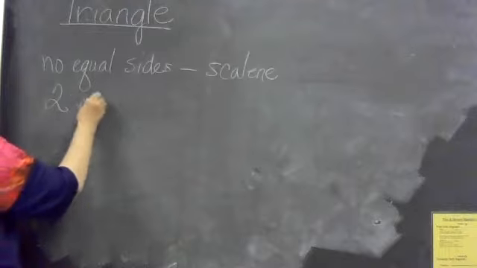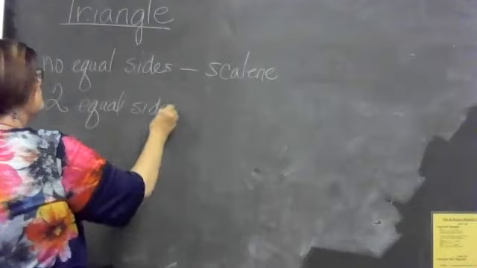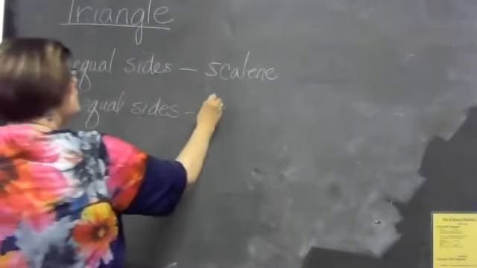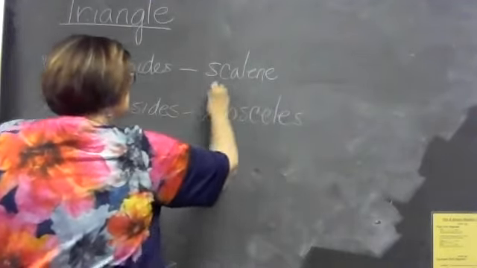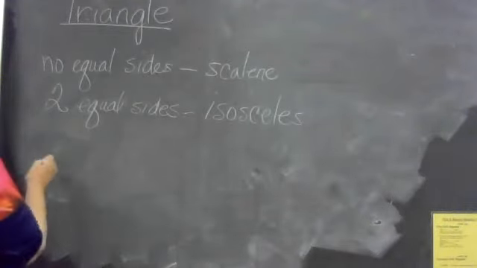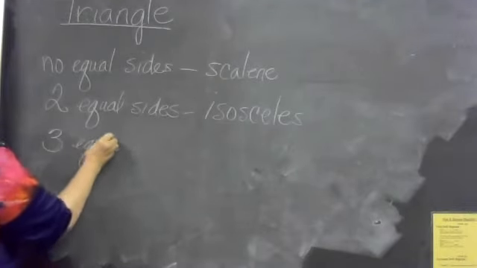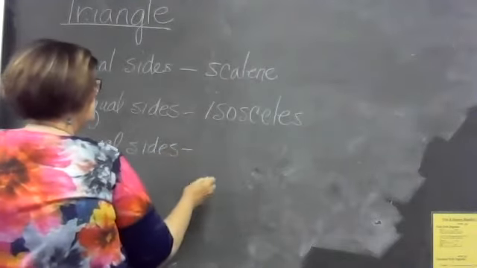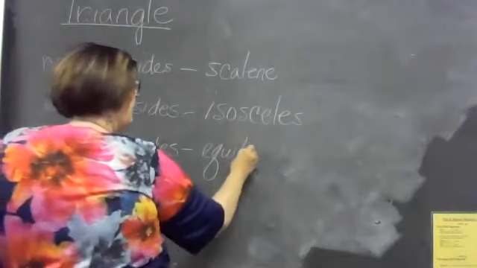If a triangle has two equal sides, it's called an isosceles triangle. And then we only have three sides. So if all three sides are equal, it's called equilateral.